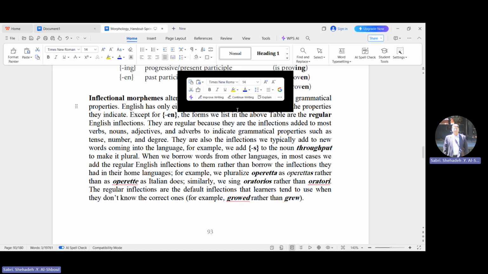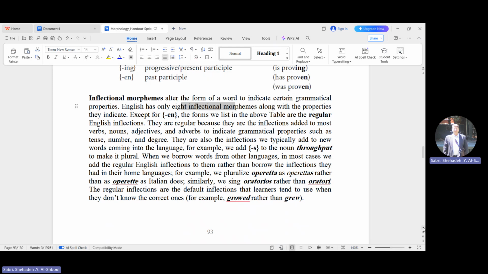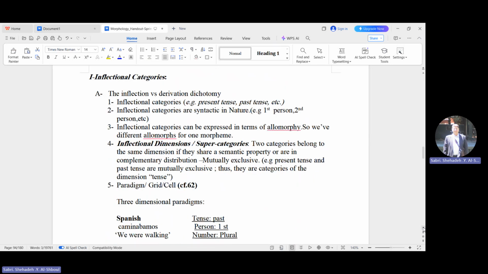For example, we add the -s to the noun throughput to make it plural, because throughput is new to the language, and all borrowed forms of words take the most frequent plural marker, which is -s in English, because it has high frequency and solves the problem of new words that do not have any lexical form or canonical root in the language. This also applies to a variety of languages. Inflectional categories.